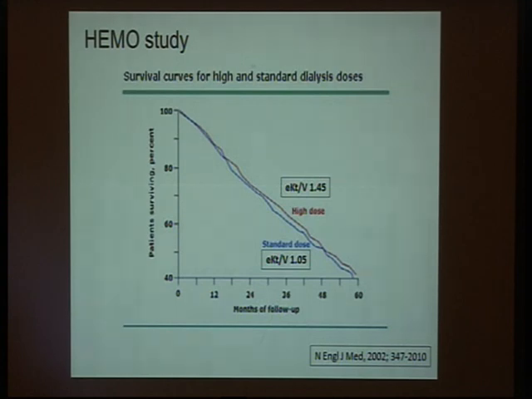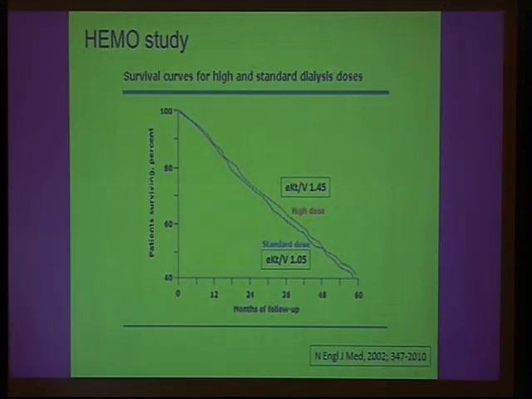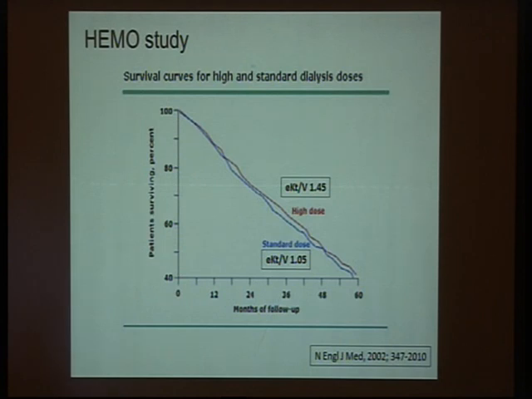But this means that too much Kt/V does not necessarily mean good dialysis. So here we can find the survival curves for the HEMO study, where the standard dose of hemodialysis compared to the high dose had the same survival rate.